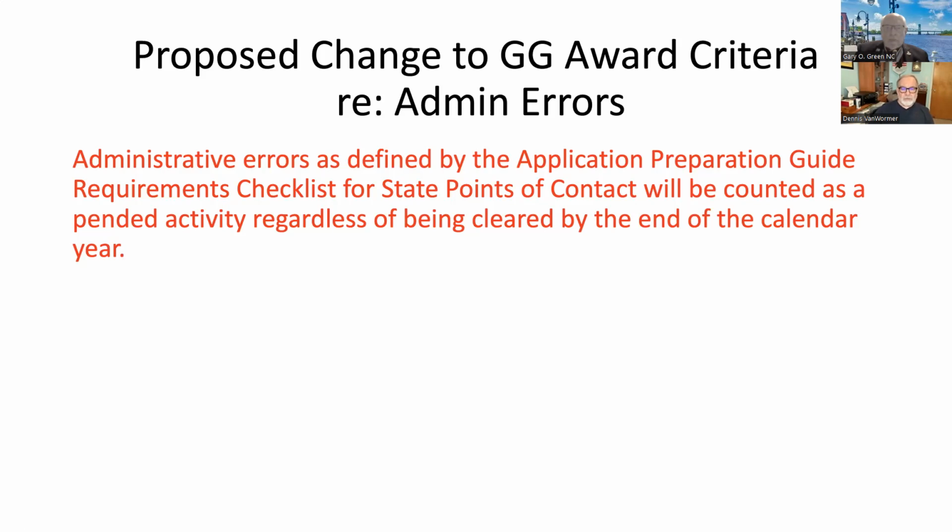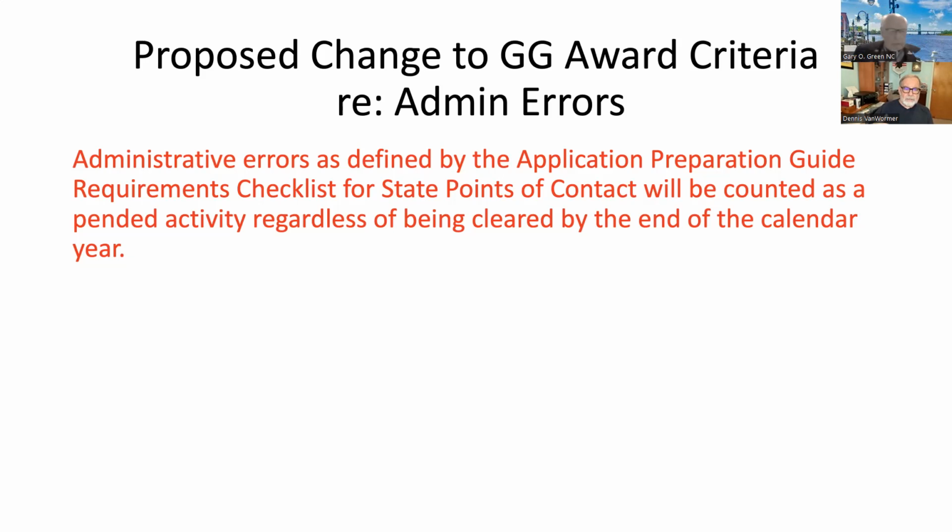Now, what this means relative to the full award criteria is if you have regular pending applications, you have 45 days to clear them, even if they come in, at least 45 days I should say, even if they come in at the end of the year. If one gets pended on December 31st somehow, you have 45 days to get it resolved, so that it will not count against you or the state for this GG award.